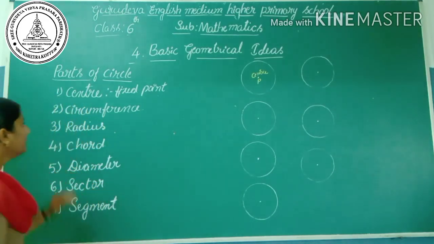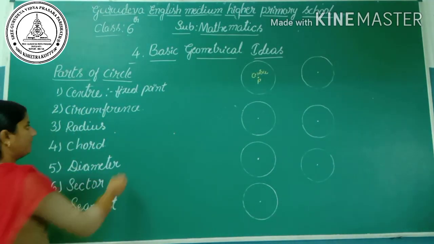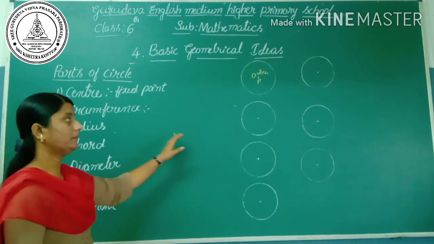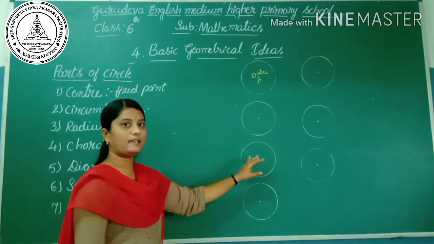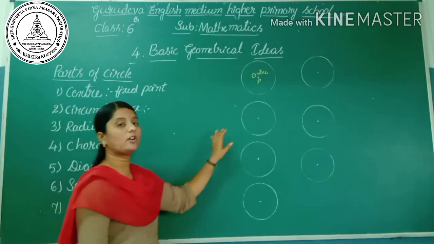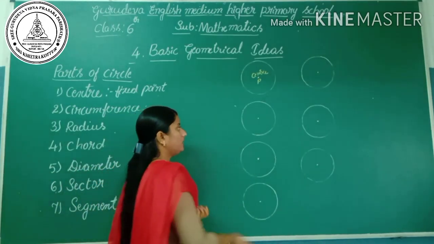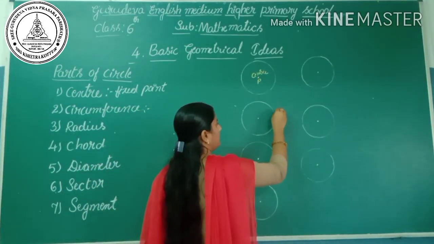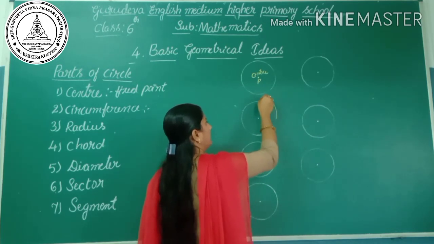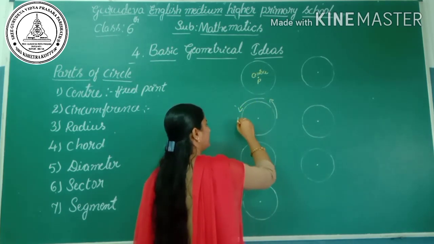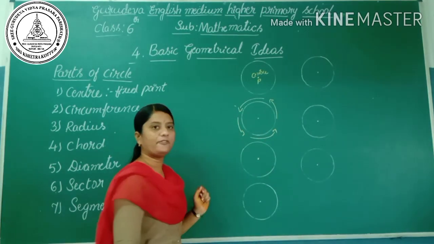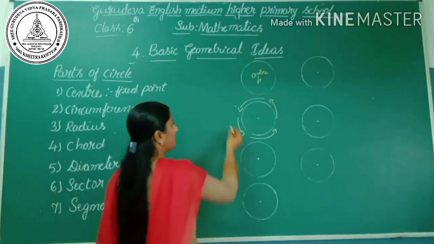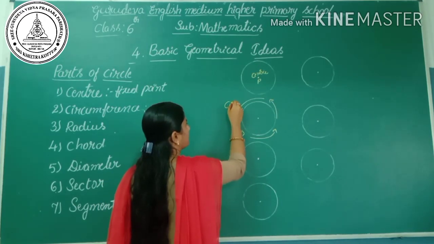Yes. Then the second part is circumference. What do you mean by the circumference? The distance around the circle is called the circumference of the circle. Yes, here the distance around the circle is called the circumference of a circle. So it is the circumference.